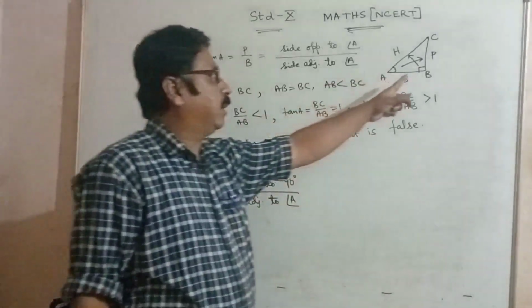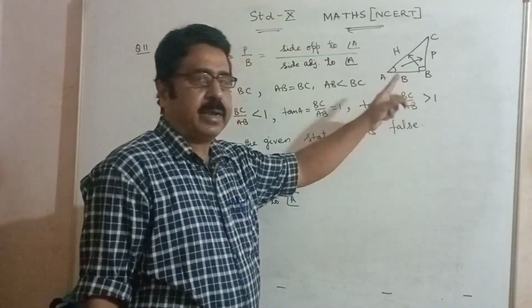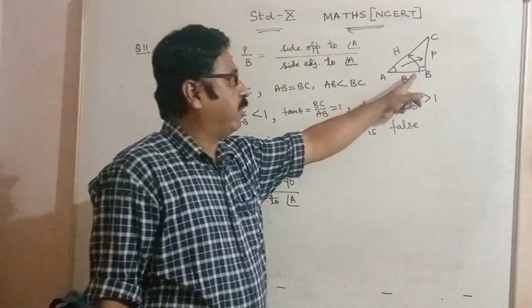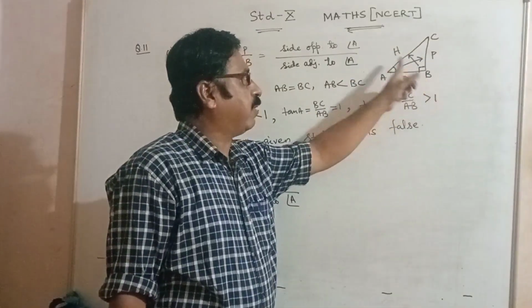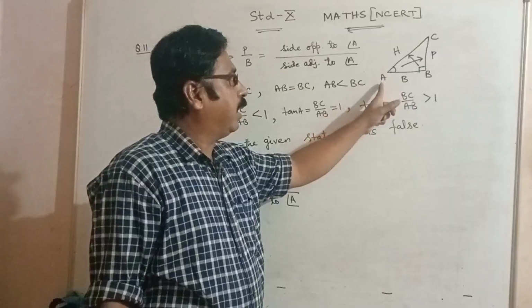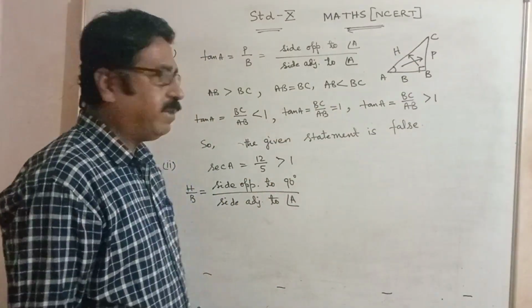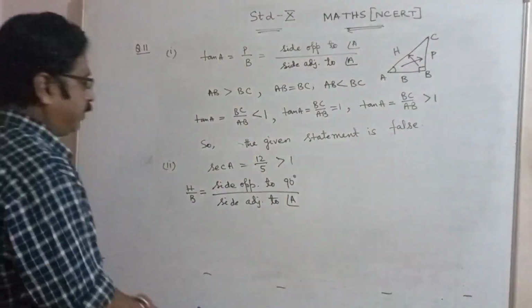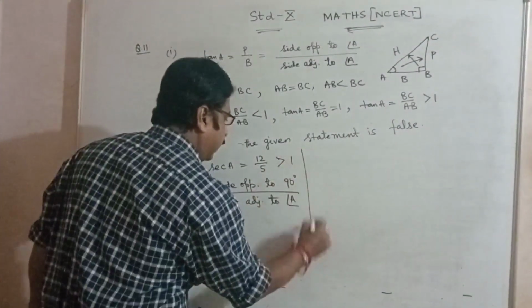Now, since right angle means 90 degree is the greatest angle for this triangle, so its opposite side, for angle B, its opposite side is AC, so AC must be greater than either AB or BC. So AB is the adjacent side. We can write the reason here.